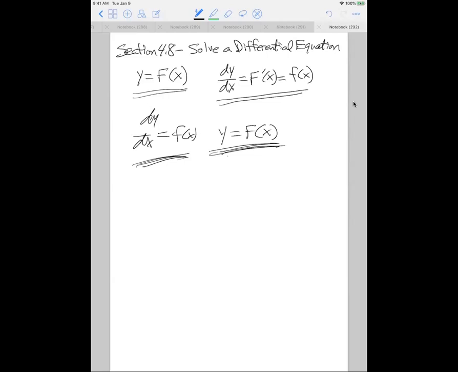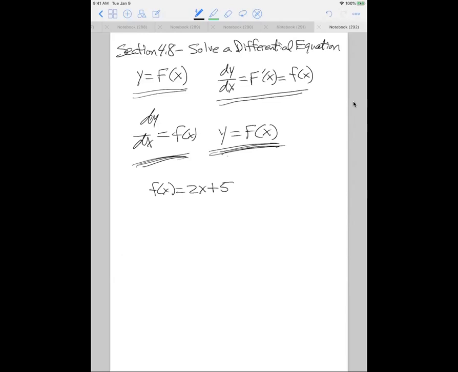Suppose we've got little f of x equal to 2x plus 5. So this is solving a differential equation. What it's asking is, what is the antiderivative? What is capital F of x? You have to take the antiderivative of each term.